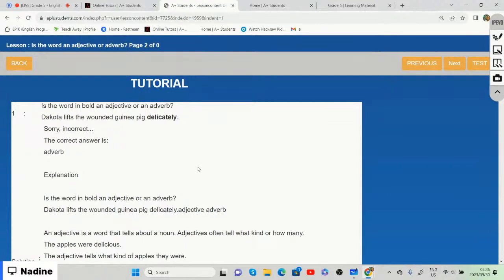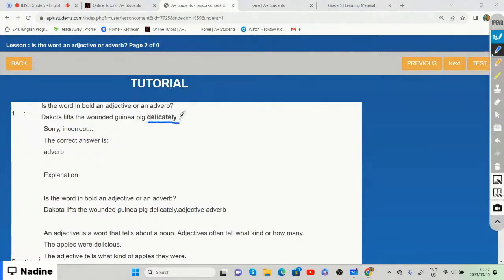So we can then say in this case, in the sentence, that it is an adverb. So delicately, we will go with delicately, which is an adverb.